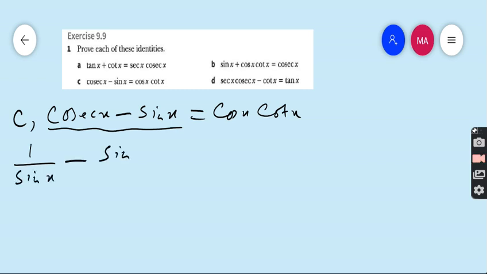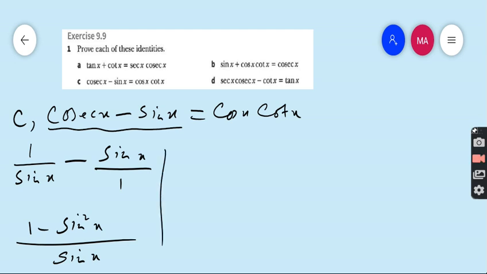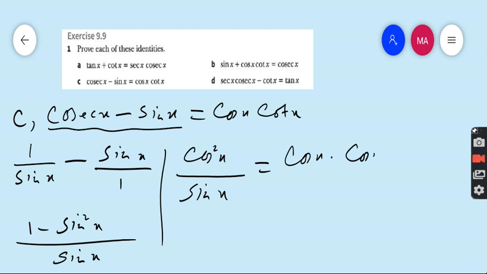minus sin x. Take LCM. Sin x, sin cancels to sin, it is 1, and sin into sin is sin square x. 1 minus sin square x is cos square x upon sin x, which is equal to cos square x, can be written cos x into cos x, and you can write this sin x remains sin x.